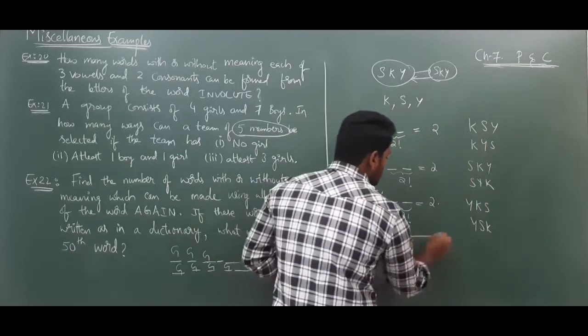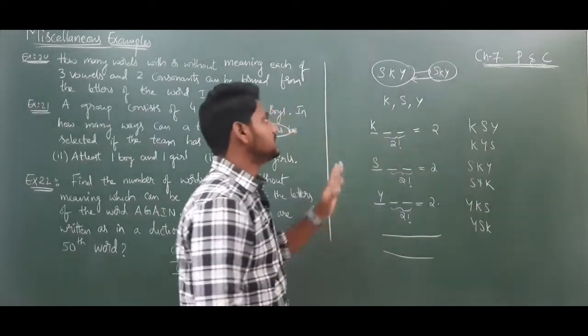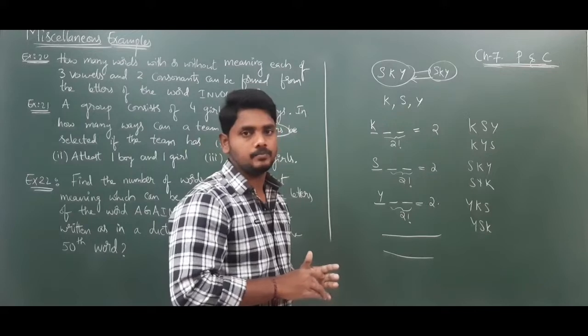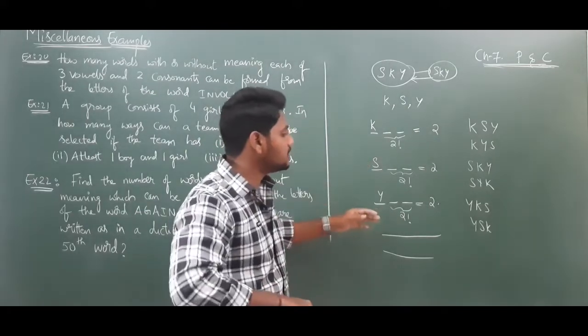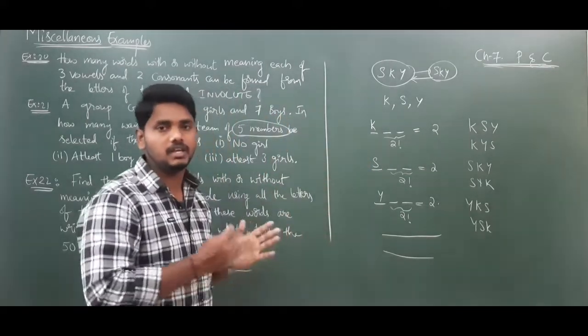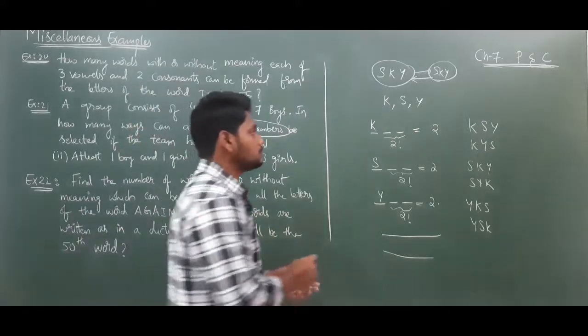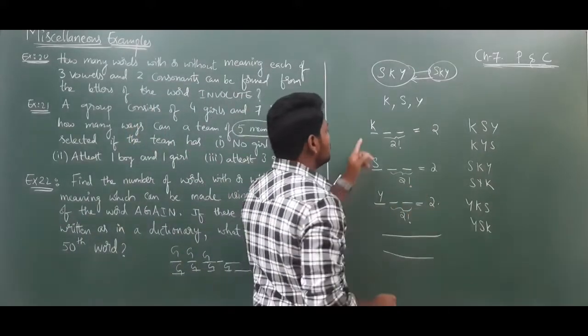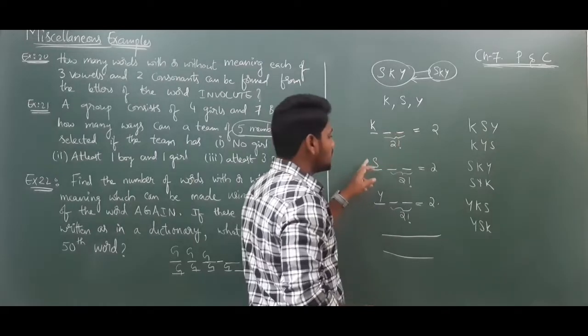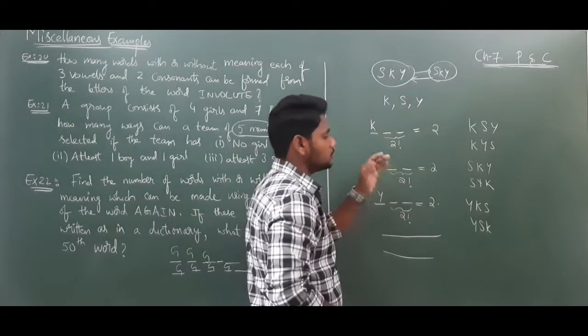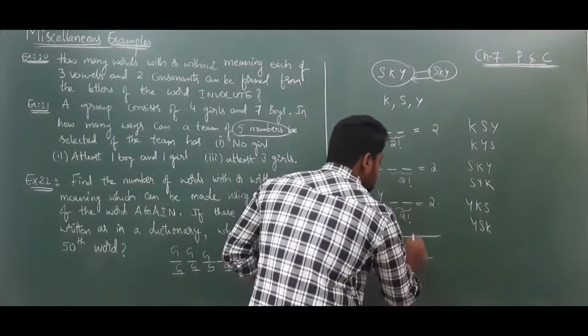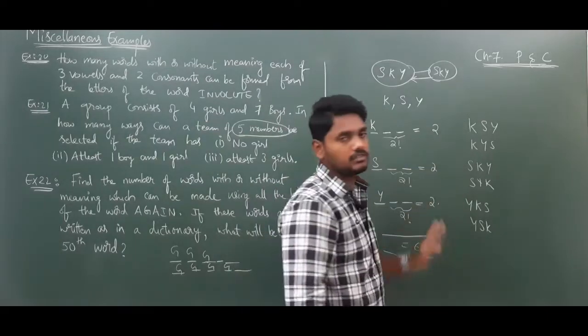So totally, by using the letters of SKY, we can form 6 words in a dictionary. That is 2 plus 2 plus 2: words starting with K are 2, with S are 2, with Y are 2, so we get 6 words.